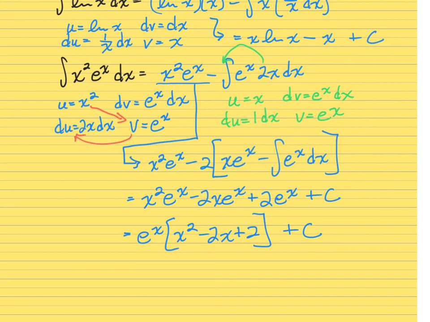So those are some reminders of some of the integration that we need to be able to do. Now, you also may want to take a look at integration using partial fraction decomposition, because we do need to be able to integrate. And of course, all of the tools that we learned in calculus, we need to have at hand.